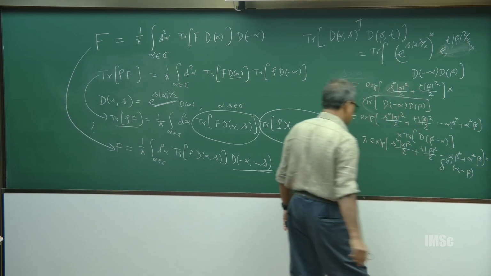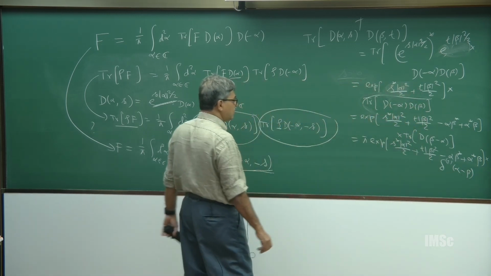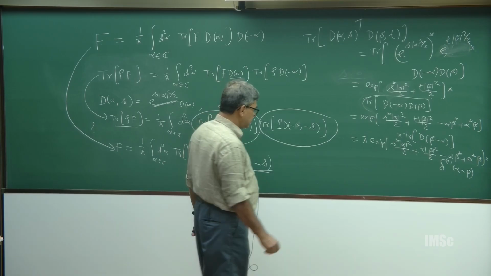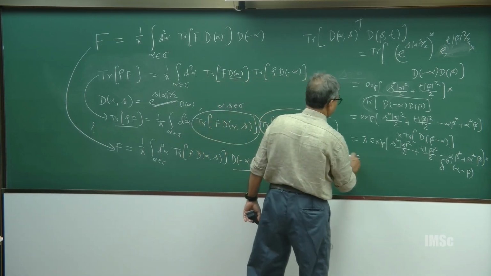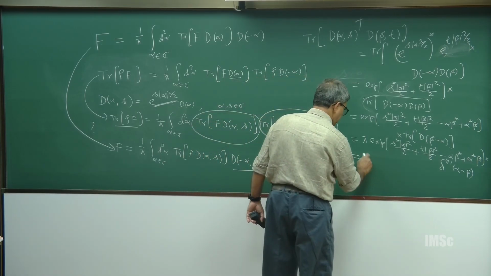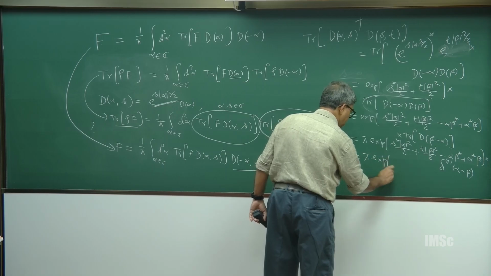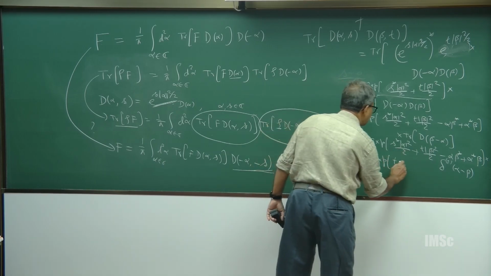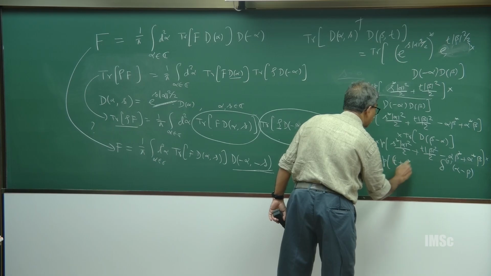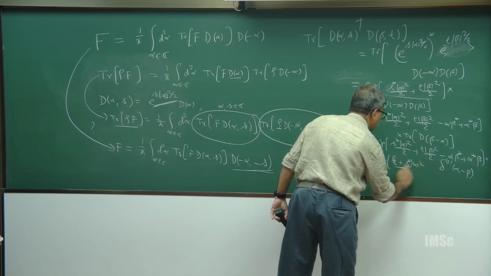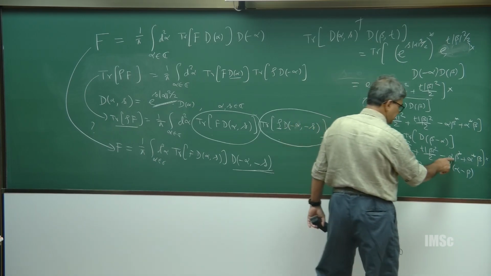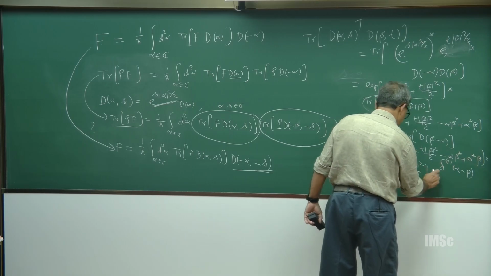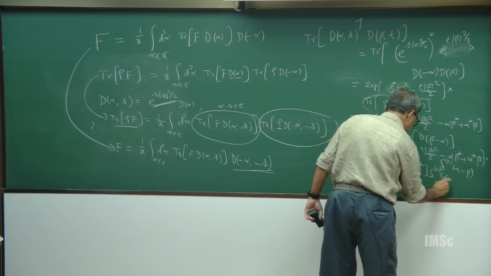This is the delta function. So basically what you will have is pi times exponential of t plus s star mod alpha square by 2, and then this will get cancelled, delta 2 of alpha minus beta.